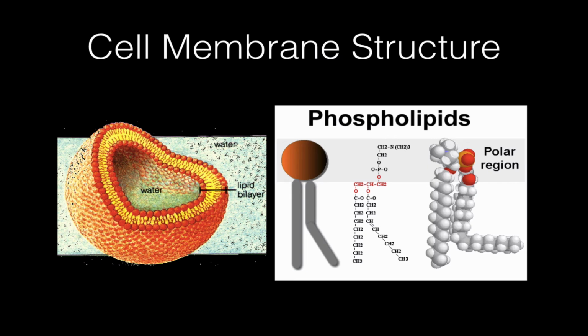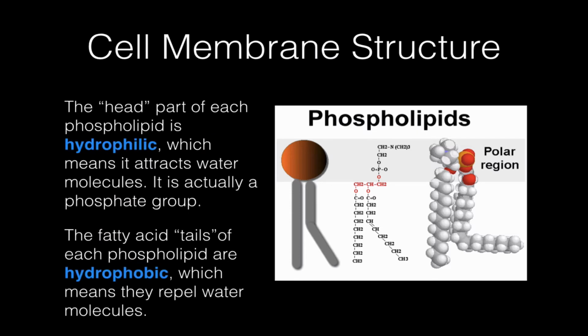Phospholipids make up most of the mass of a cell membrane, and they basically have two parts. There is a head part, which is the balloon-shaped part right here, made up of a phosphate group. A phosphate group is made up of a phosphate and four oxygens, and it's symbolized here by this circle.